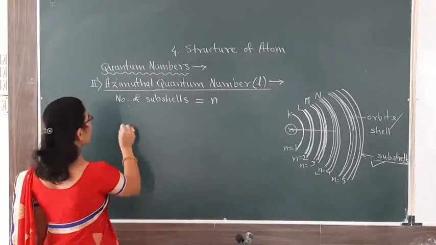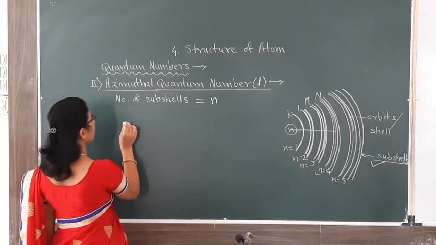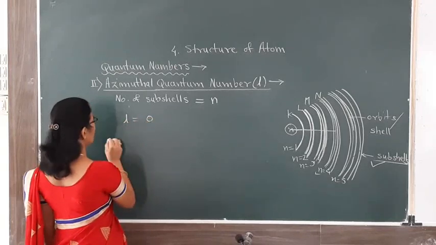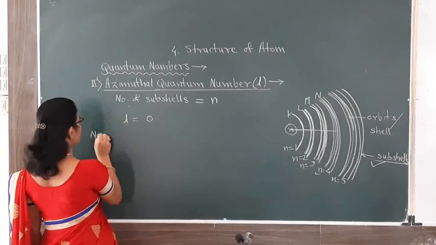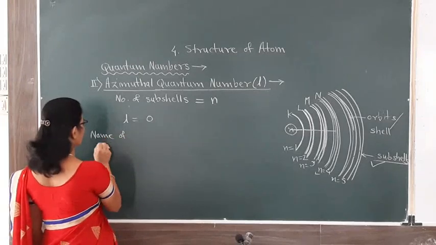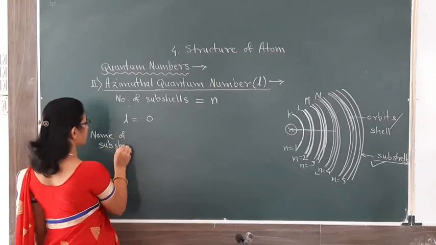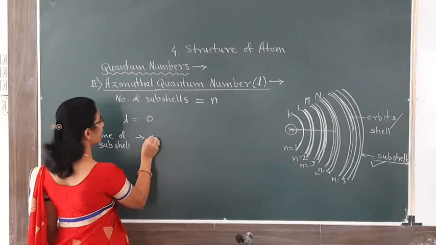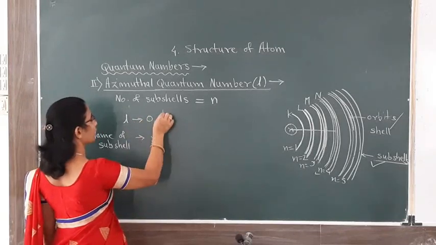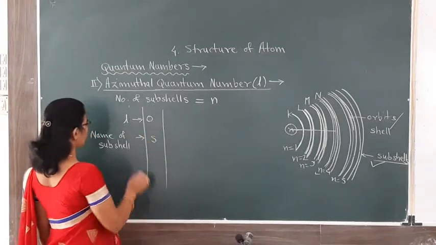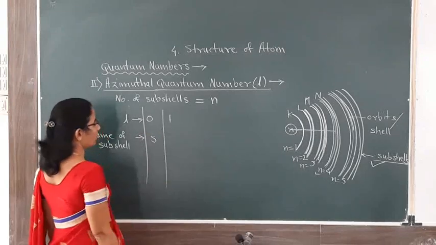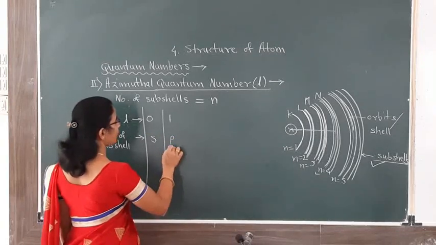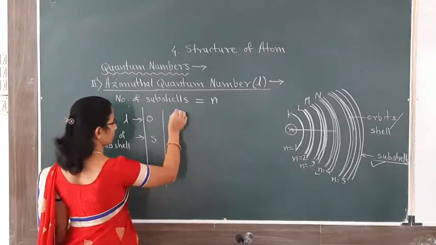Here, if l is equal to 0, then the name of that subshell is s. The subshell is s. If l is equal to 1, that subshell is named as p.